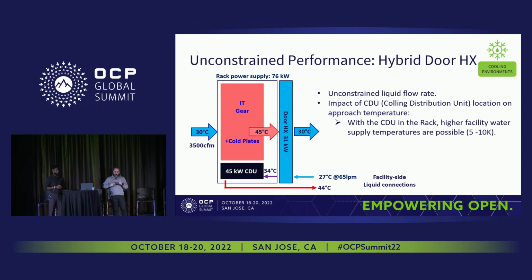But if the CDU is before the rear door heat exchanger, we have to decrease the temperature. We lose 5 Kelvin or 3 Kelvin in the CDU, and then we have to go inside the rear door with 27 degrees. So this has a very high impact on the system and so the efficiency.